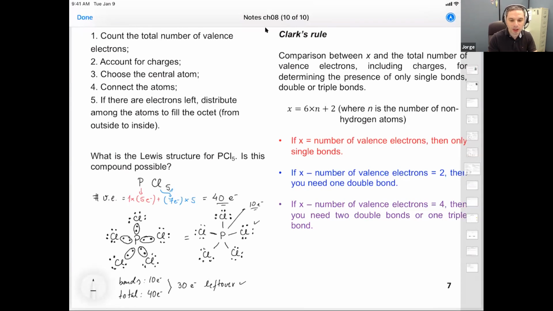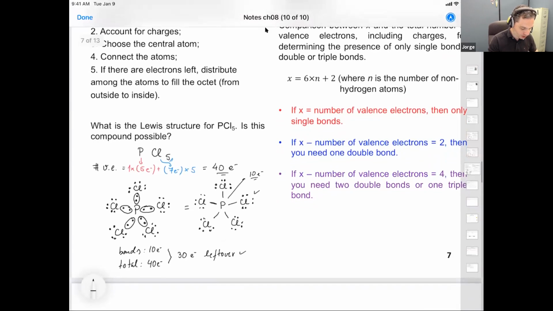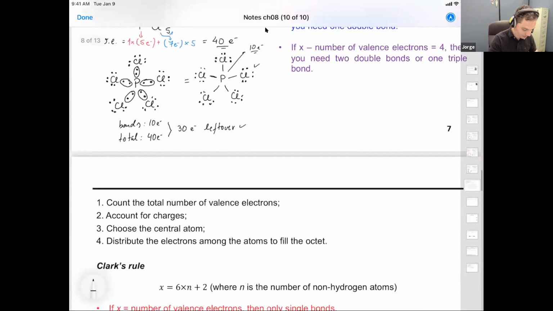Each bond counts as 2 electrons, and those 2 electrons in each bond belong to both atoms that are involved in the chemical bond. And we noted here that for phosphorus, we have 10 electrons in the valence shell, exceeding the 8 electrons that we were supposed to have to achieve stability.